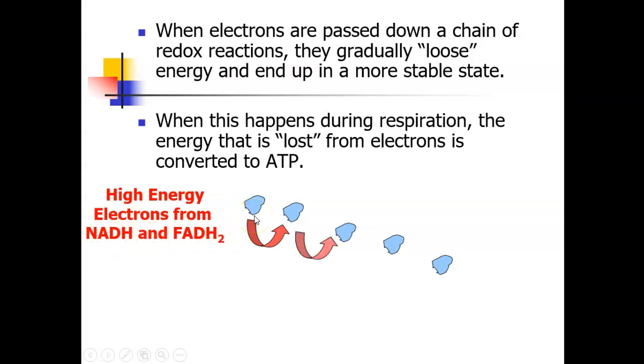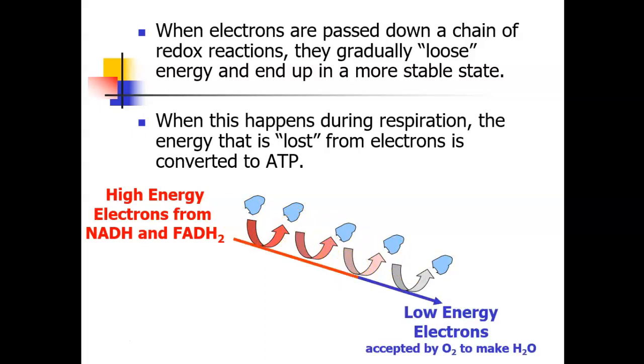And in doing so, we're going to see there's a little passing of that energy, passing of the electrons, taking a little bit and stepping down. And we're going to see that's what's happening in the electron transport chain, where you start with high energy electrons, and they end up having low energy electrons at the end, which is finally going to get accepted by oxygen to make water.